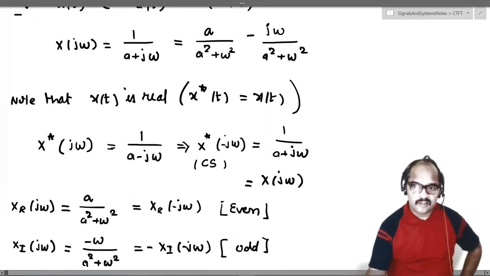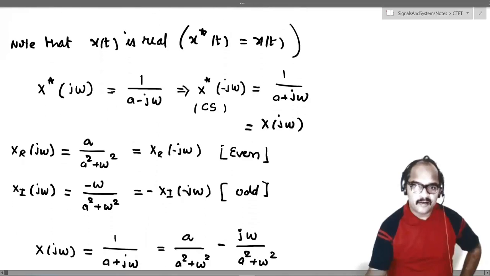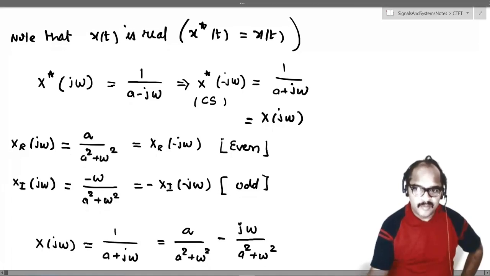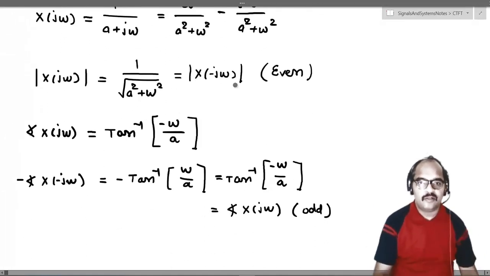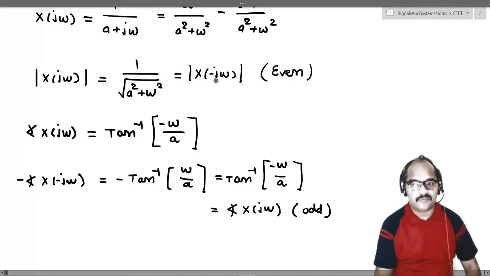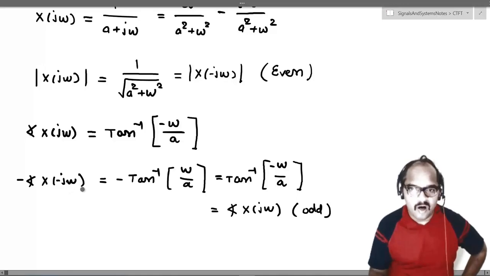And because it is conjugate symmetric, we have proved that its real part is even and its imaginary part is odd, and also we have proved that its magnitude is even, that is, modulus of x of j omega is the same as modulus of x of minus j omega, and its angle is odd.